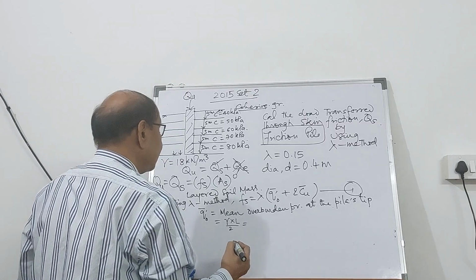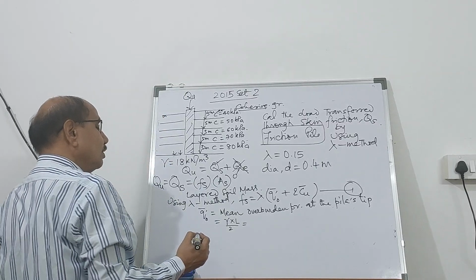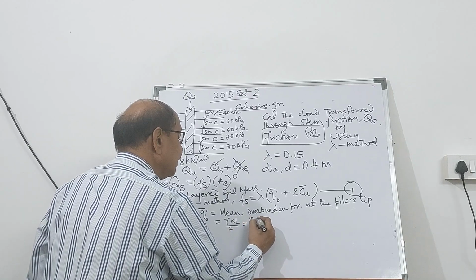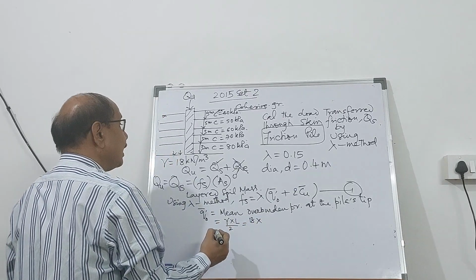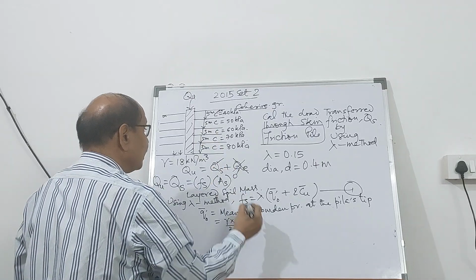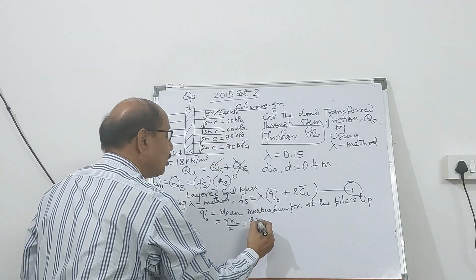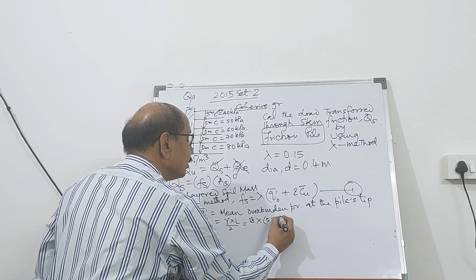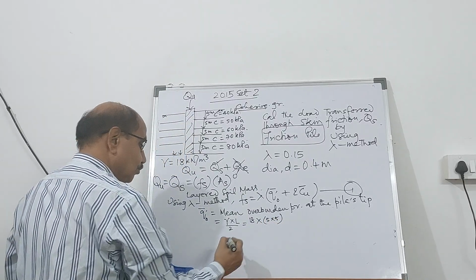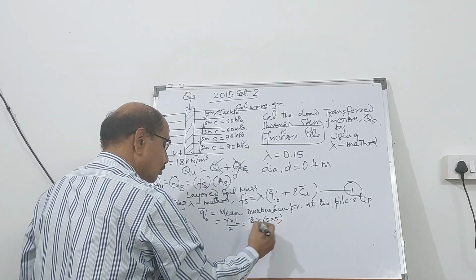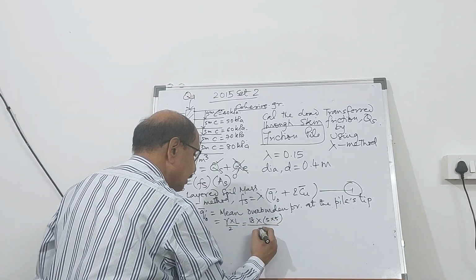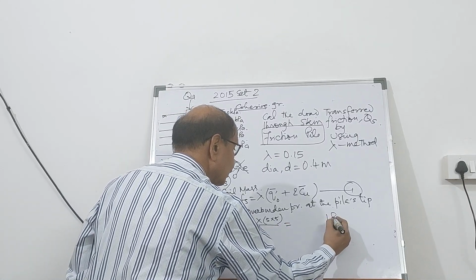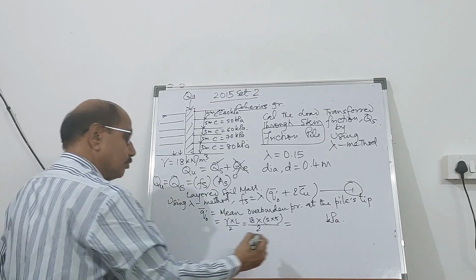The gamma value is already given to me as 18 kilonewton per cubic meter, and the length of the pile is going to be, because 5 layers of each 5 meter, 5 into 5, that is 25 meter. So length will be 25 meter divided by 2. So you can calculate this in kilopascal.